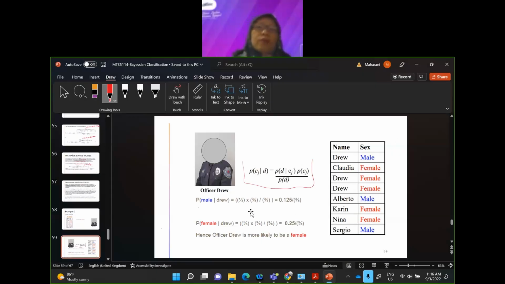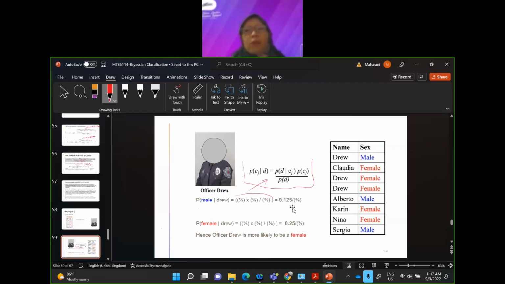So we use this one: male and Drew, the total is 1 over 3 times 3 over 8, divided by 3 over 8, equals 0.125. That's for male.